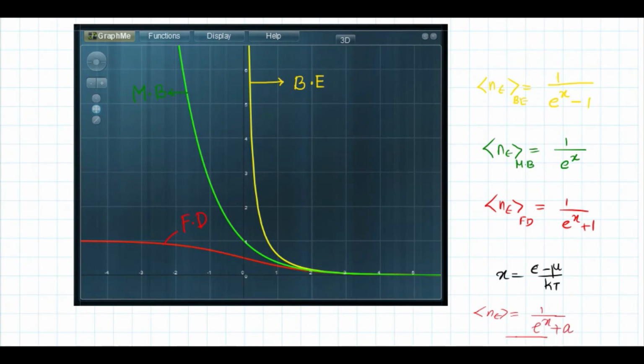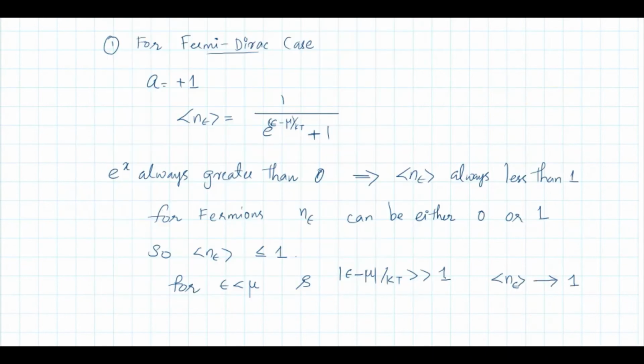Now we will consider three different cases. If you put a equal to minus 1, you will get Bose-Einstein. If you put a equal to 0, you will get Maxwell-Boltzmann. If you put a equal to plus 1, you will get the Fermi-Dirac case. And the graph of these three cases is shown here.